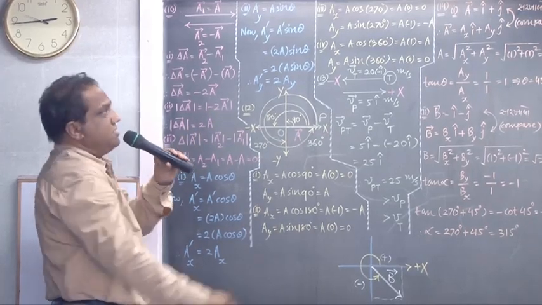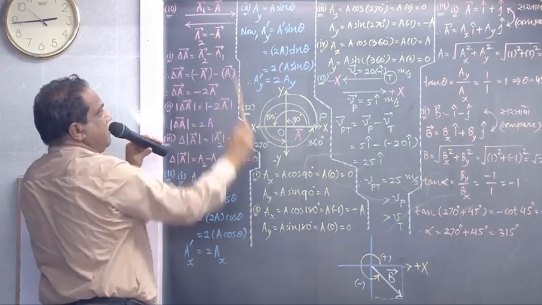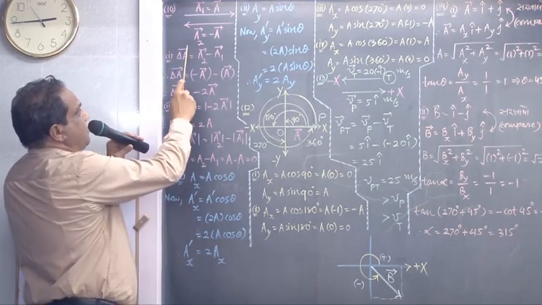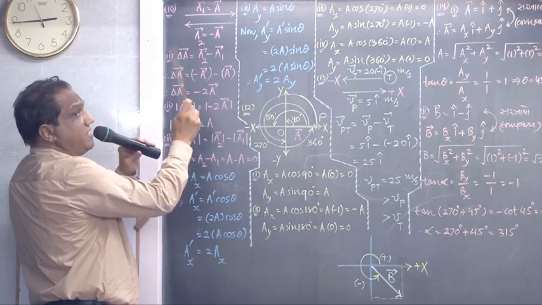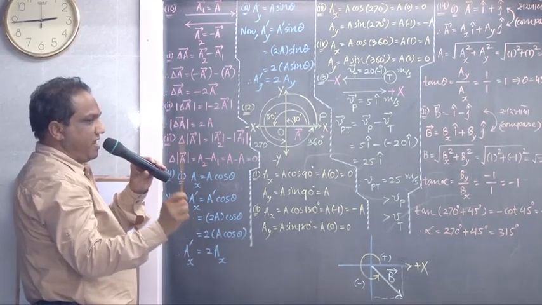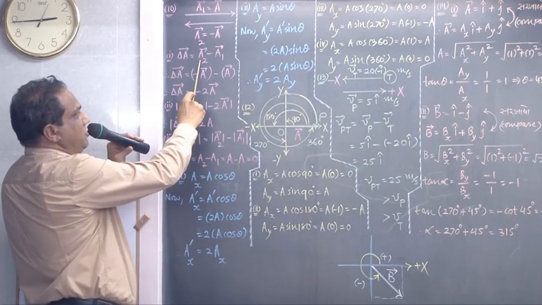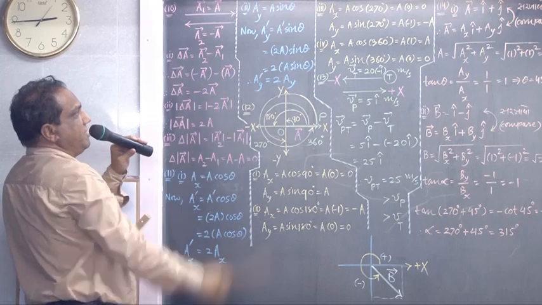So this is the negative of this, so it is minus vector A. Fine. What is the change in vector A? That is vector delta A. Change in vector A means final minus initial. Final vector is vector A2 minus initial vector A1.